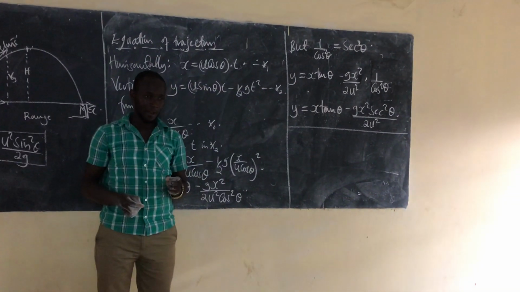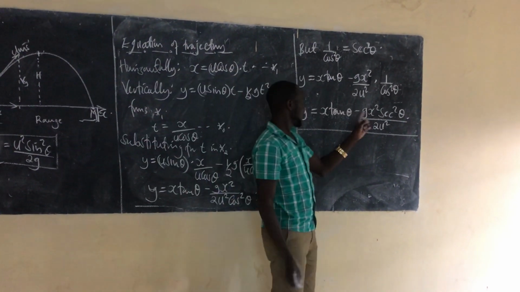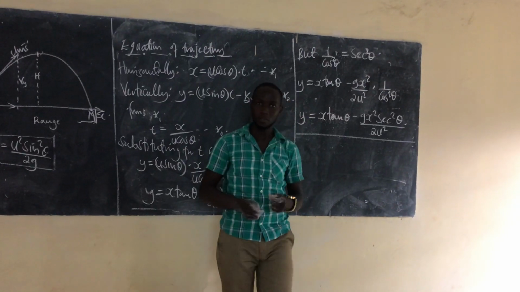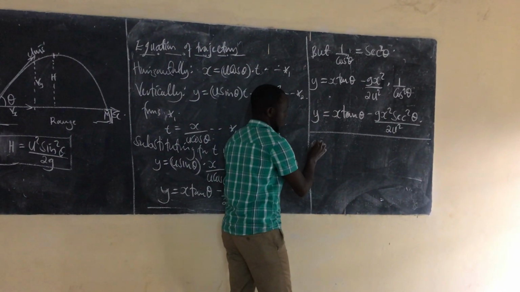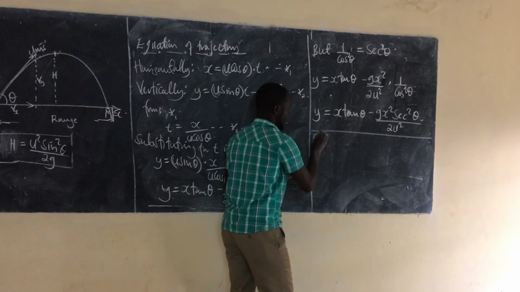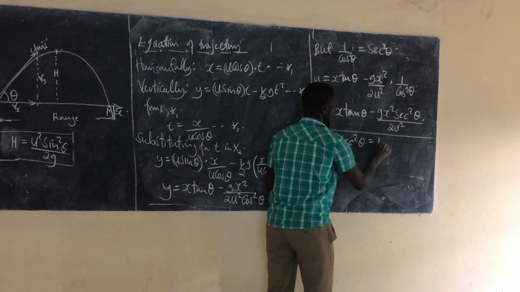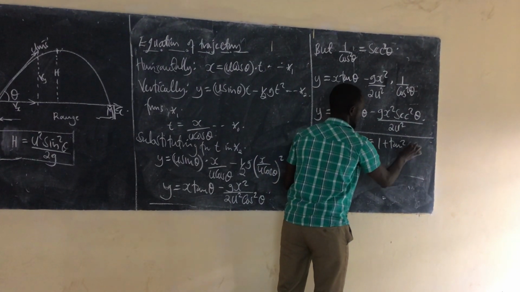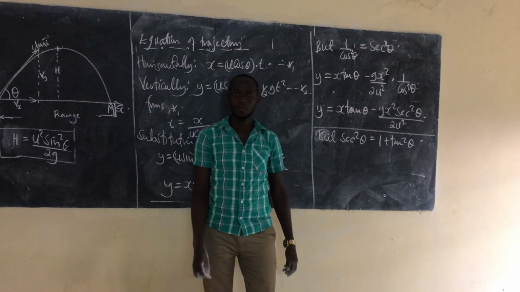However, there is a scenario where someone is going to tell you to prove, and instead of a sec term, they have a tan term within. Remember that sec squared theta is always 1 plus tan squared theta, so that you express everything here in form of tan.